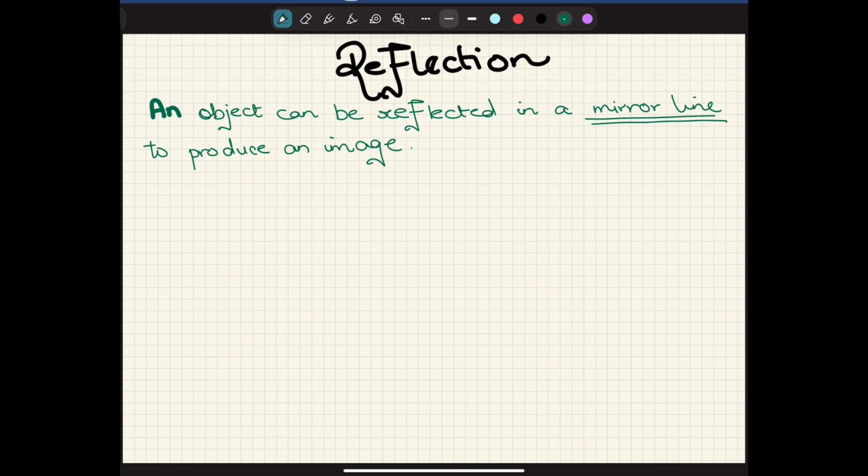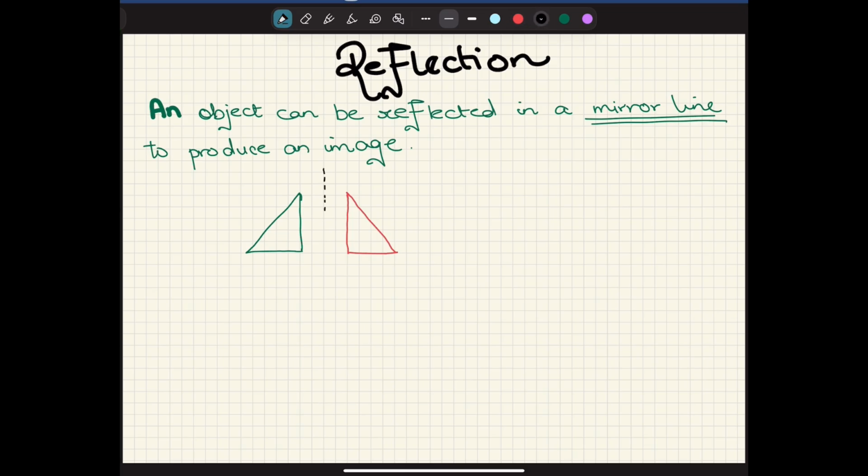Now the image, so for example, let's say we have a triangle. This is our object. And this is the image, okay?